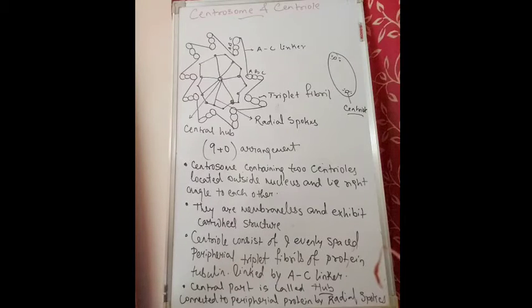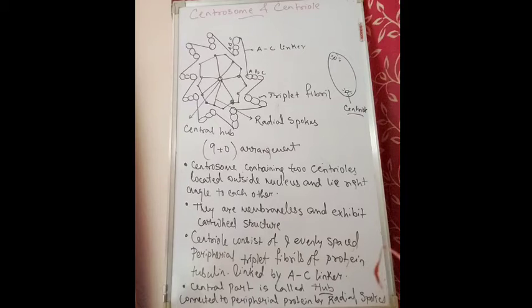The next point is the centriole consists of 9 evenly spaced peripheral triplet fibrils of protein. What type of protein? Tubulin protein, which is linked to each other. That means the adjacent fibrils are linked through linkers, which we call A to C linkers, through which one triplet is connected to the next one. The central part of the centriole is known as the hub.